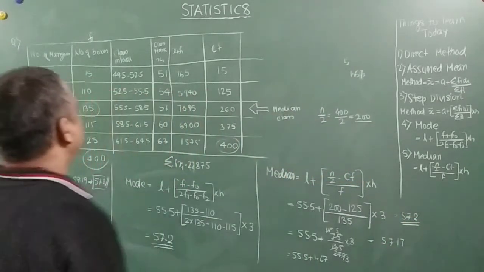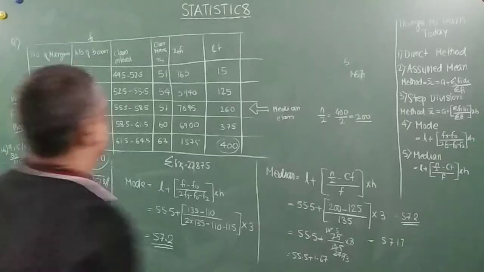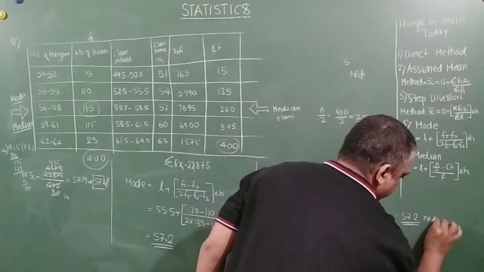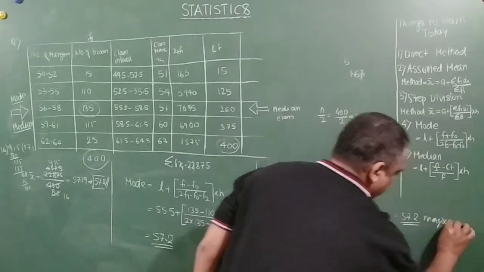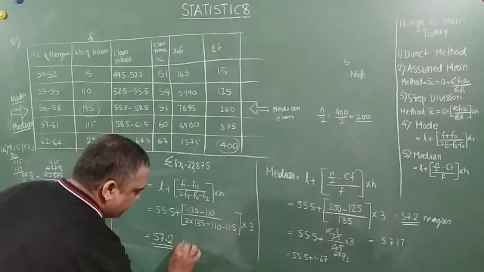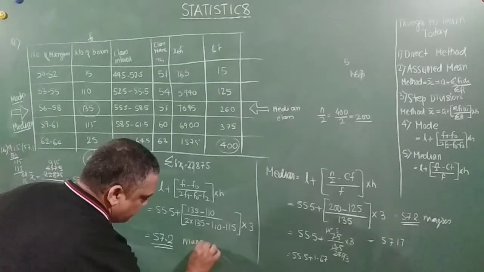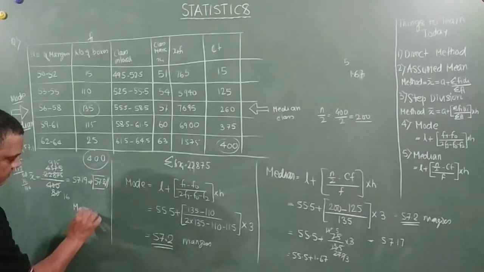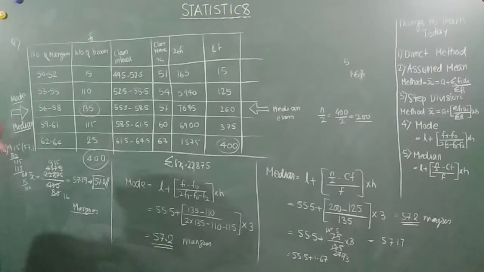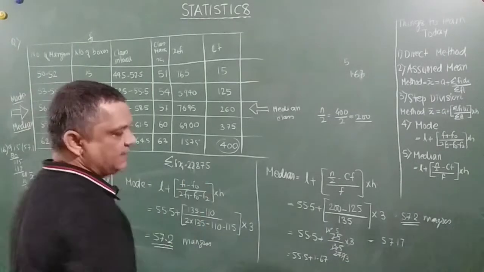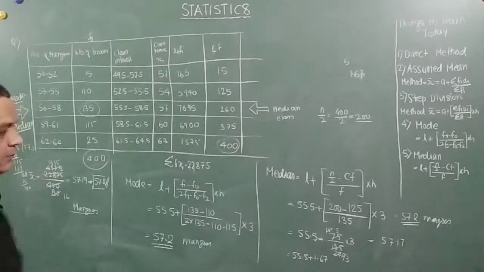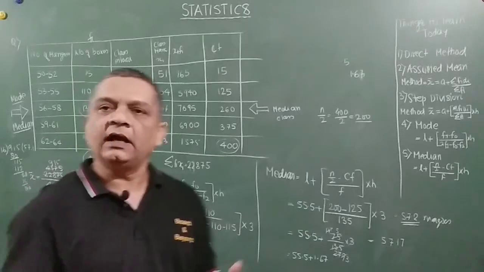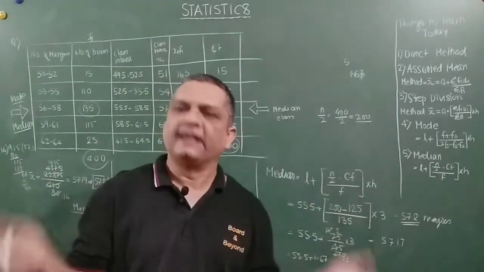Right? So 57.2 is the number of mangoes, everywhere number of mangoes. This is again 57.2. So friends, what we see here is that for this problem, my mean, my median, my mode, all three are almost roughly the same.